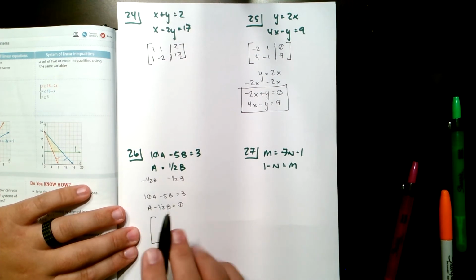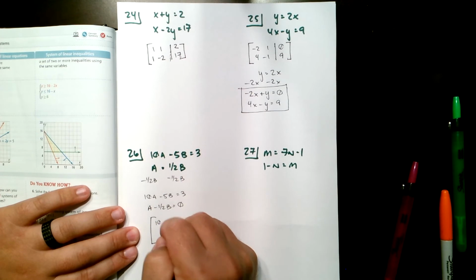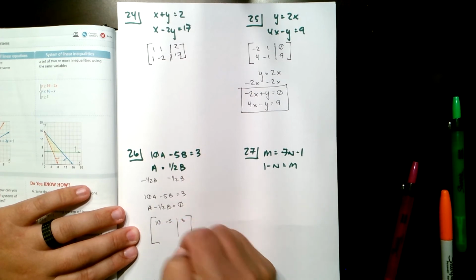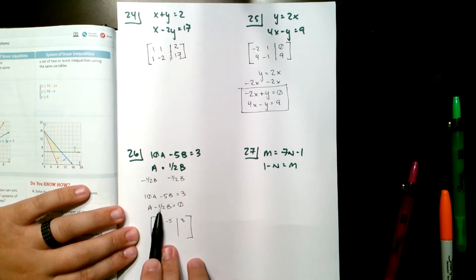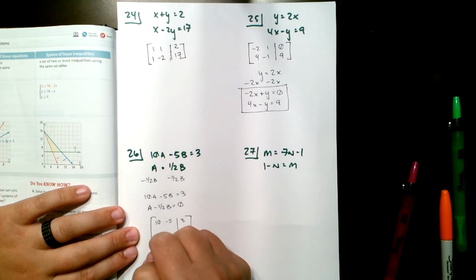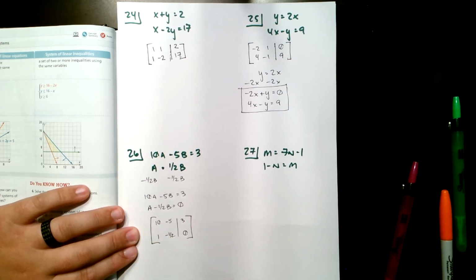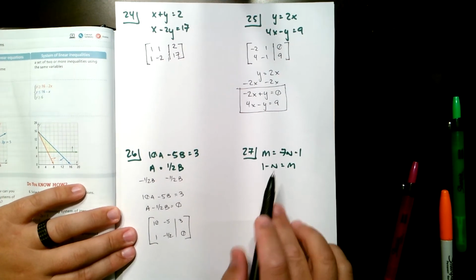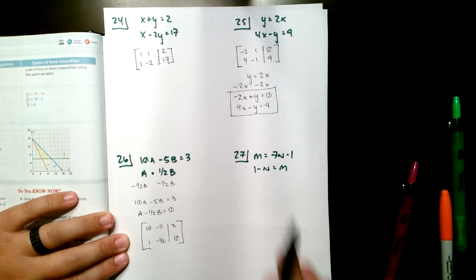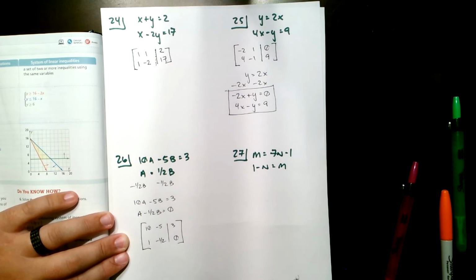Alphabetically, that comes first, so that has to come first in my problem. Minus 1/2 B equals 0. So my augmented matrix, 10, -5, 3. 1, -1/2, 0.